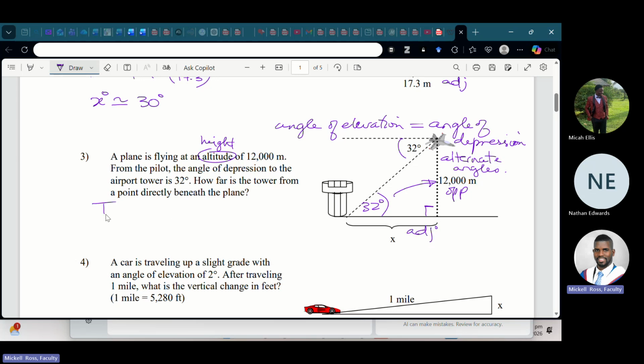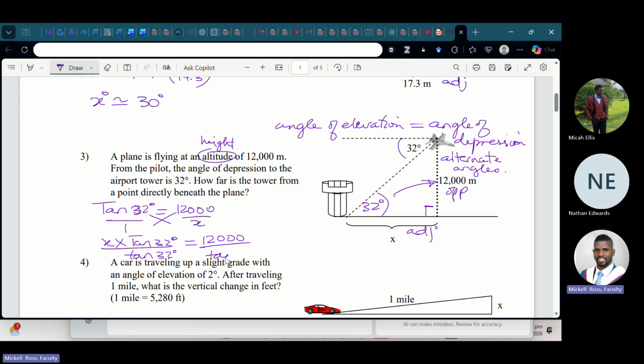So it's using tan again. So tan of 32 degrees is equal to the opposite side, which is 12,000, divided by x. Cross multiply: x times tan of 32 degrees is equal to 1 times 12,000, which gives us 12,000. I want x alone, so I'm going to divide by tan 32 degrees.